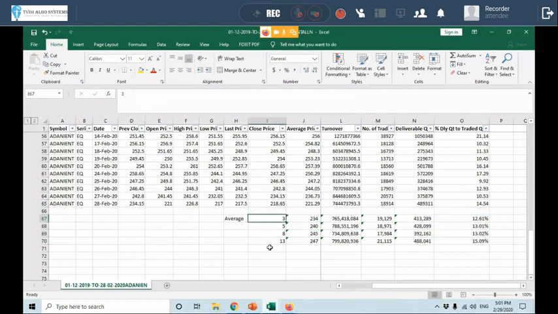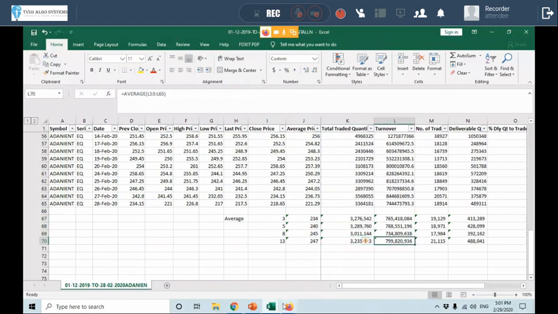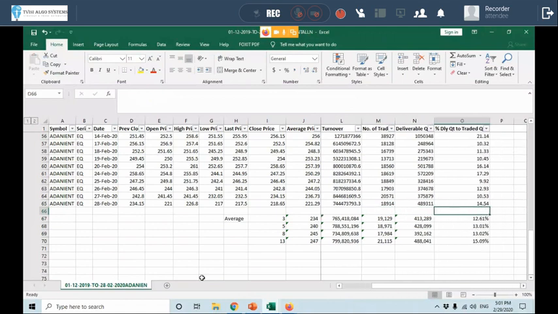So now see this, my average price is falling, my traded quantity is more or less in the same range. That's fine. Look at my number of trades, it has fallen. My deliverable quantity has fallen. So this downside move is kind of speculative, because your delivery quantity has to increase.